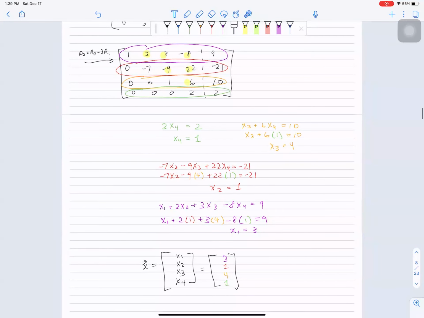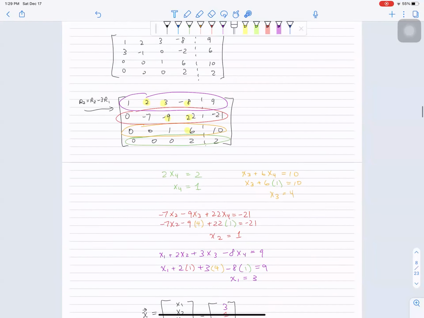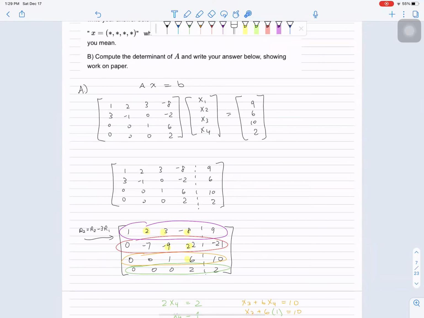Okay, and another way of remembering exactly how you even get this: why does the second row mean negative 7x2 minus 9x3 plus 22x4? That's because think about what happens when you matrix multiply. If I took the second row and this column, when I matrix multiply, what do I get?